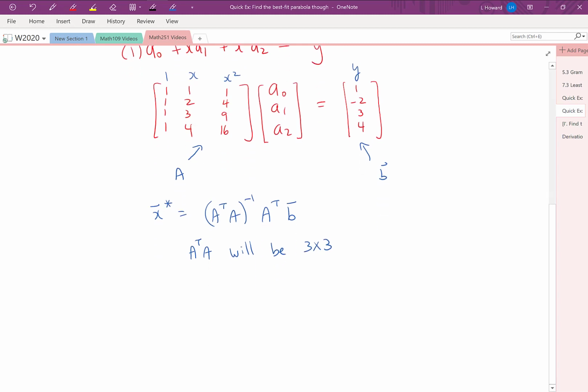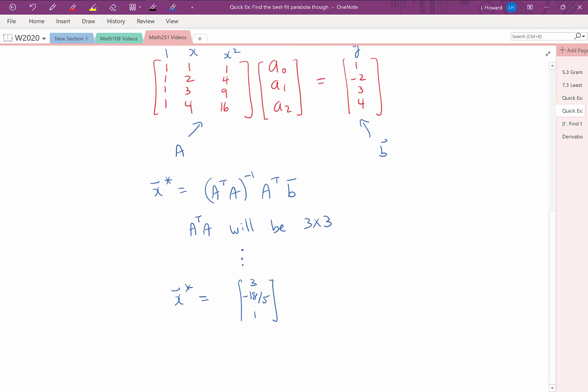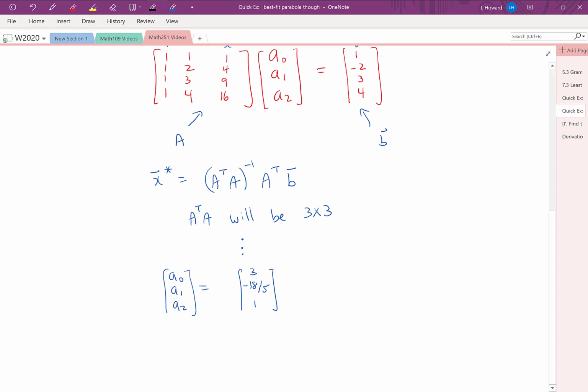All right, so if you went through all the details, if you were really interested here, you would find that x star comes out to 3, -18/5, and 1. And what that x star represents in order are the values of A0, A1, and A2.